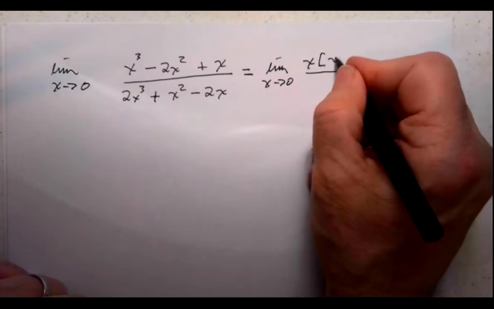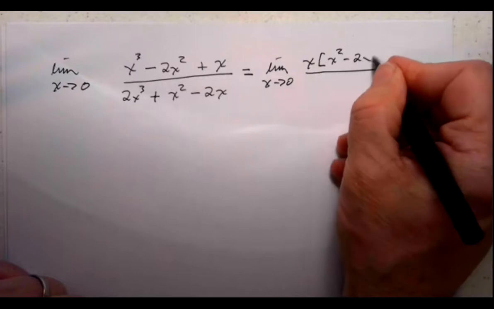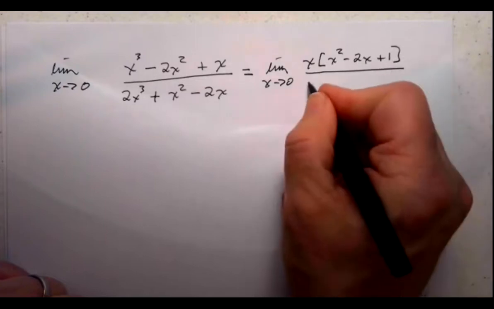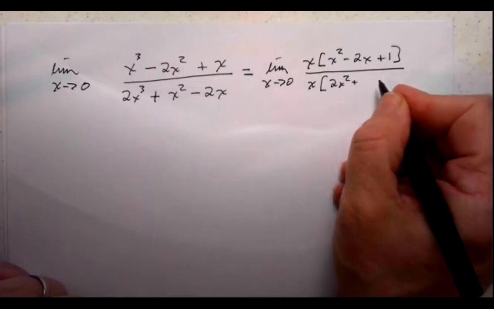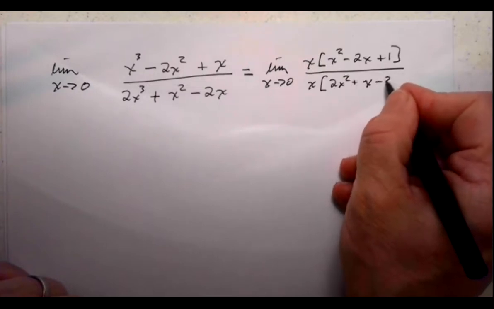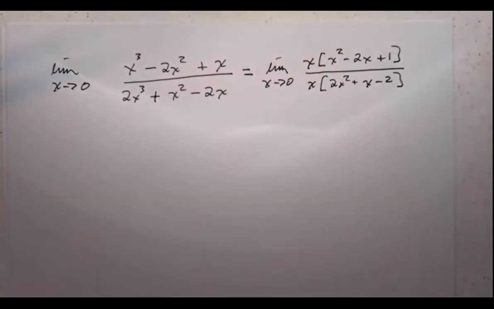Upstairs, I am left with x squared minus 2x plus 1. Downstairs, factoring out that x, I'm left with 2x squared plus x minus 2. And remember, 0 is not in the original domain, but that divides out.